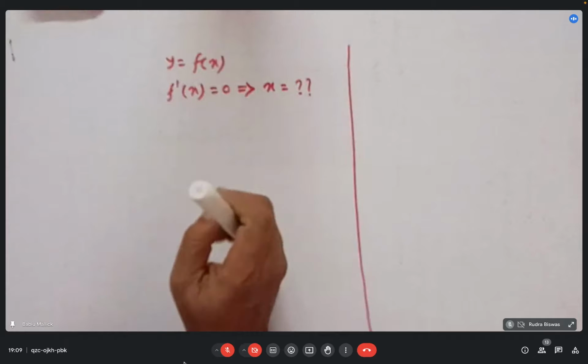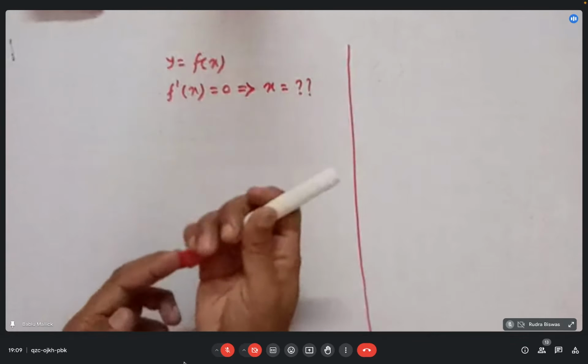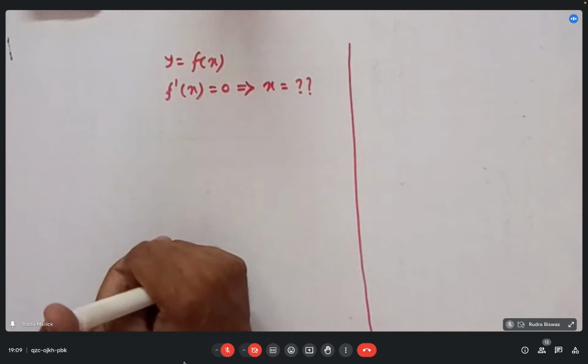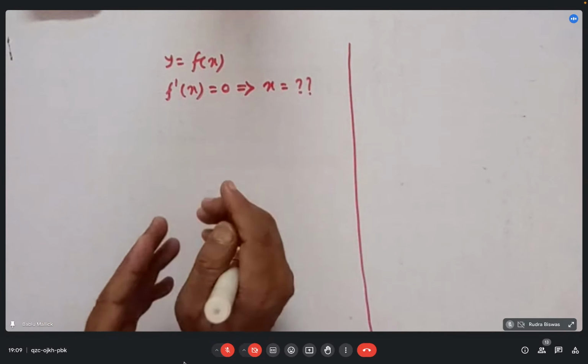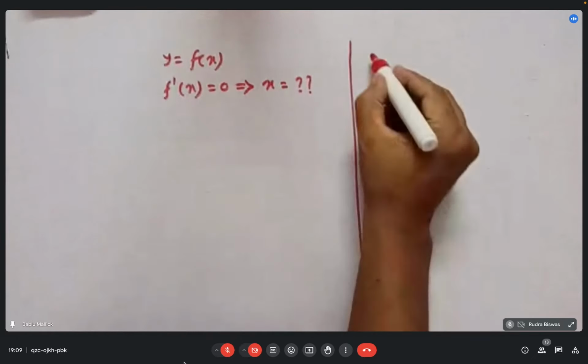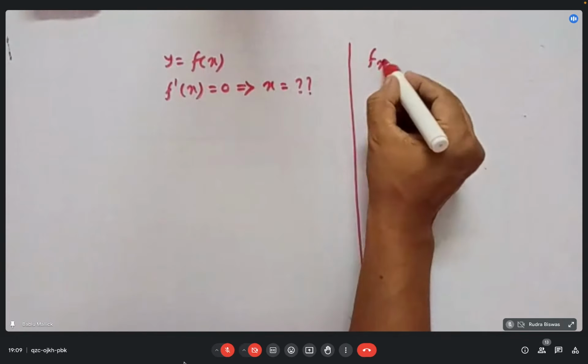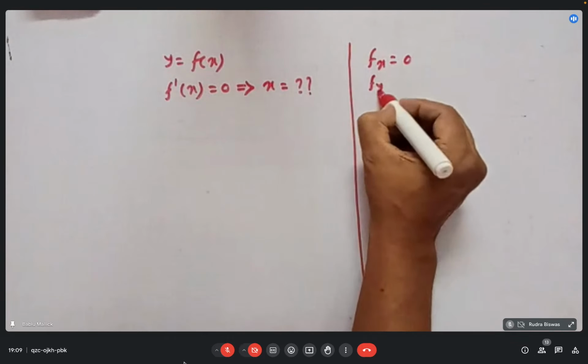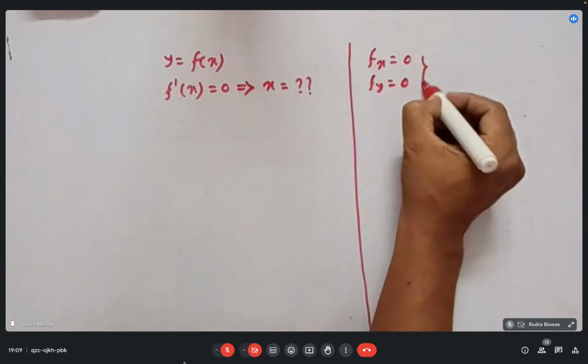So here in case of two variables, what will you do? First fx is equal to 0 and fy is equal to 0.